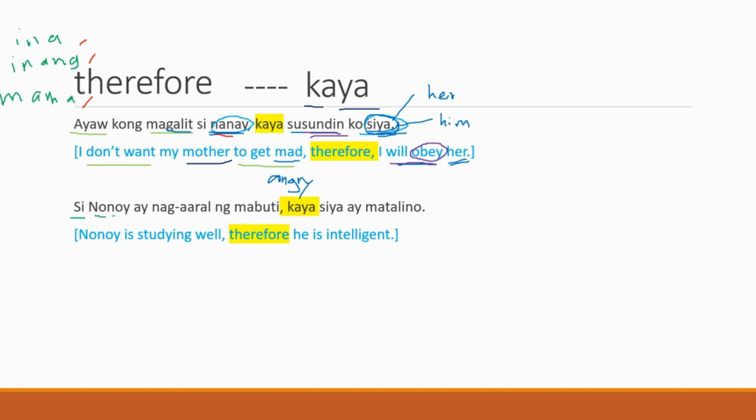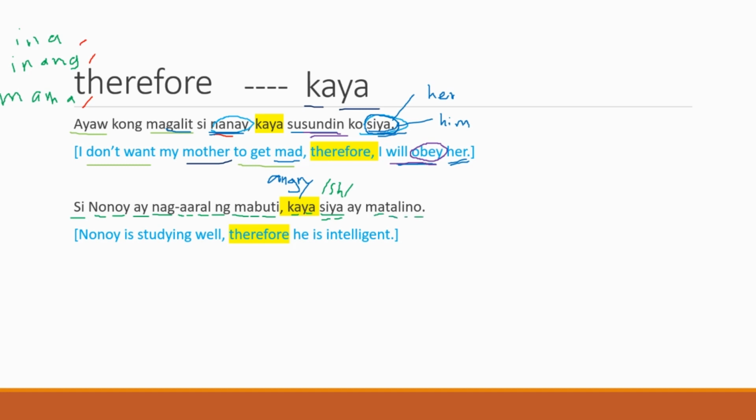Si Nonoy ay nag-aaral ng mabuti, kaya siya. It is being pronounced as sh. But you can also say siya, nag-aaral siya. But the common way of saying it is sh, with the sh sound. Siya ay matalino.